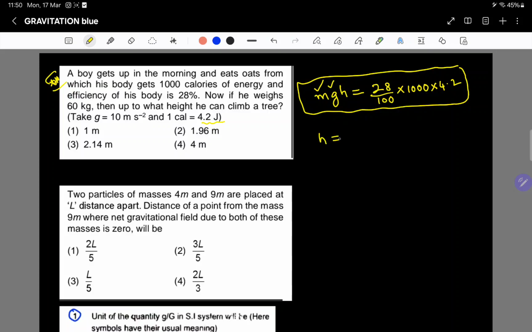Just value substitution only. So 28 into, here two zeros cancel, into 10 into 4.2 by m, which is 60 kg, acceleration due to gravity 10. On further simplification, h equals 1.96 meters, students. Easy simplification only.